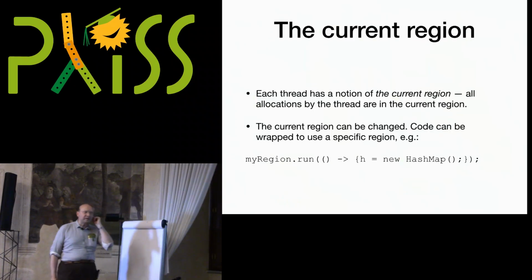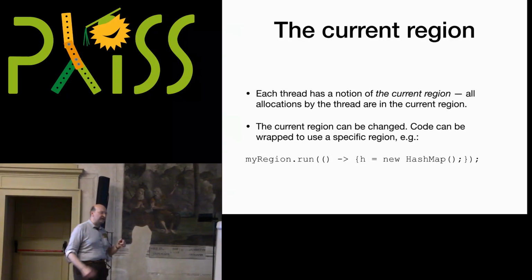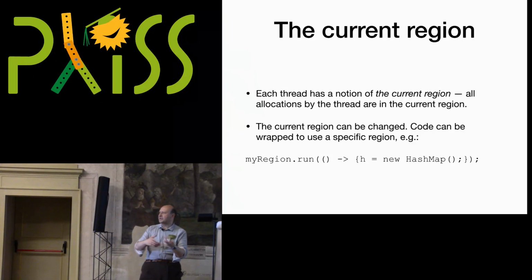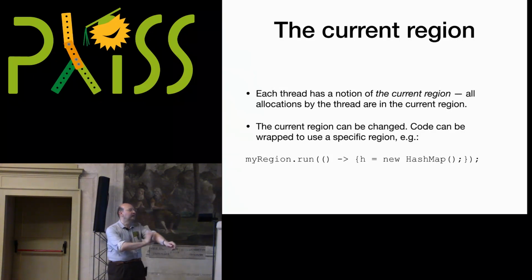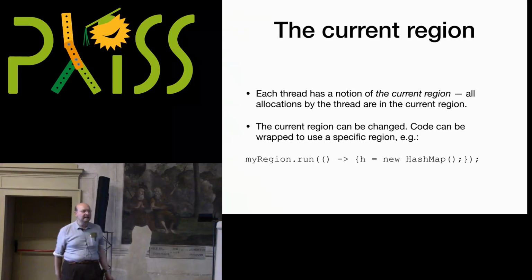Now, rather than go down the path of having a persistent new, which has this problem that there are no persistent news in existing code, and so you can't use any of it, the approach I've taken is to say that every thread has the notion of a current region, which is where it does its allocation. And this current region can be changed by the program, and so you can easily wrap this in some calls to make it effectively dynamic.